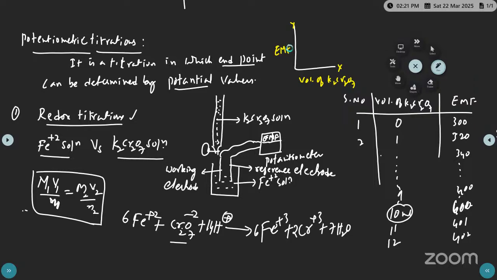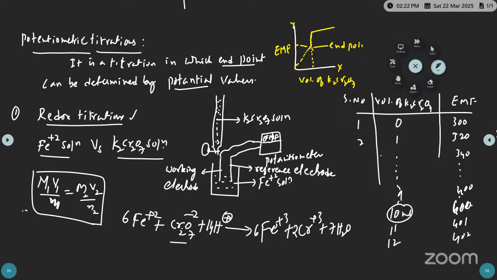How does the graph look? Initially the EMF values are low and gradually increase, then suddenly increase, and then become constant.